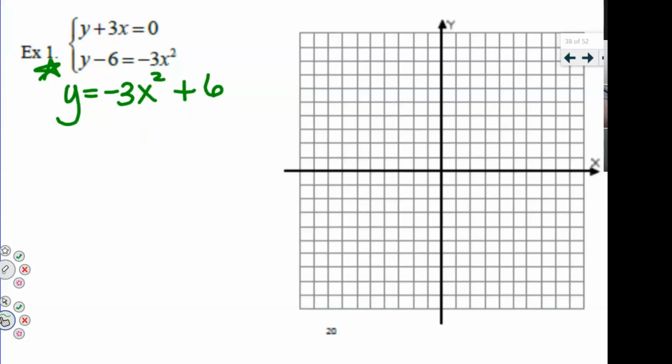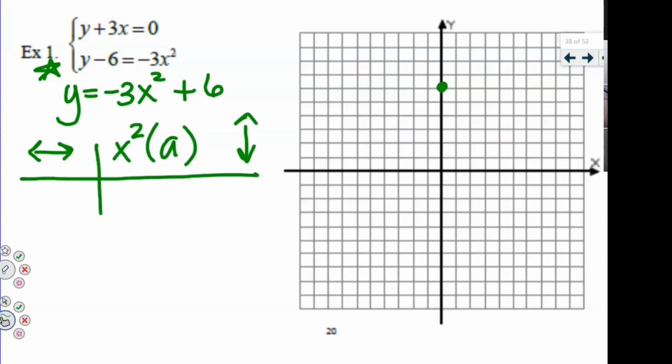So let's go ahead and plot that vertex. And then remember, we're going to use our little pattern here. And this is for the parabola. Okay, so what was I going to ask you?